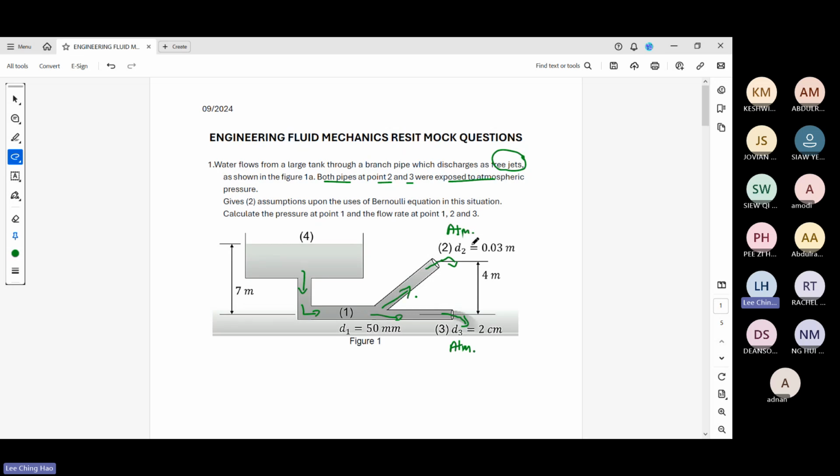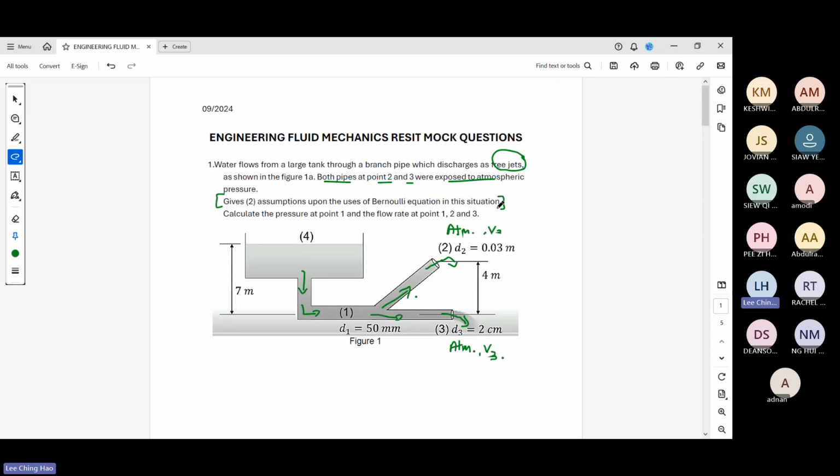So that's why it has a further explanation, because some people might not be able to understand what is meant by free jet. It means that the pressure is atmospheric, but the velocity will be something different.